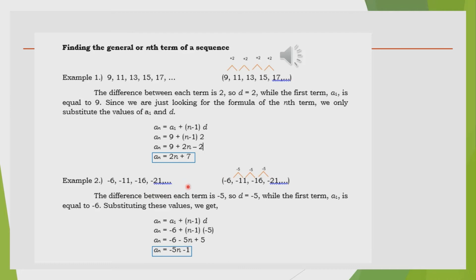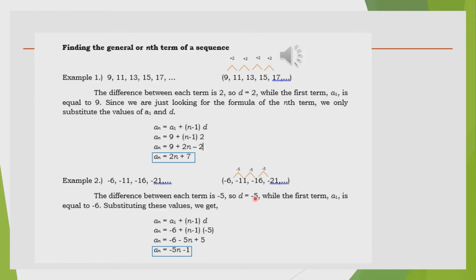So the difference between each term is negative 5, and d is equal to negative 5, while the first term, a sub 1, is equal to negative 6. Substitute these values, we get a sub n is equal to a sub 1 plus the quantity n minus 1 times d.